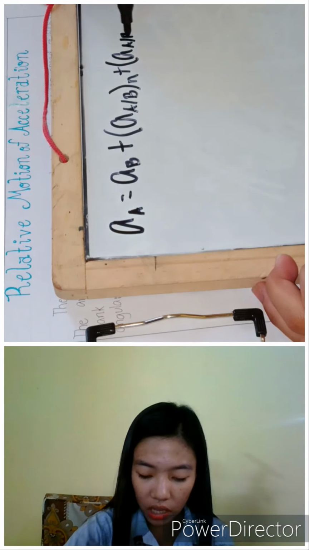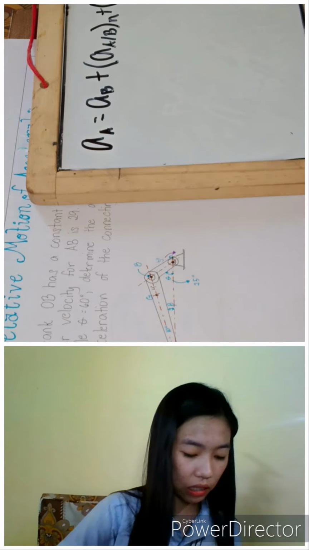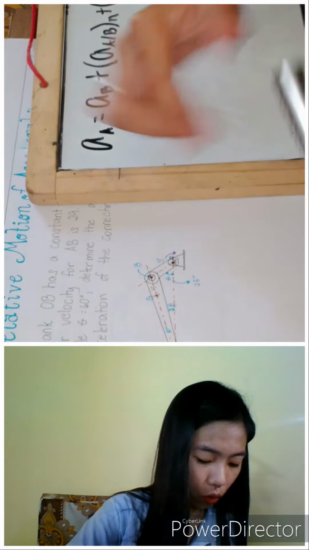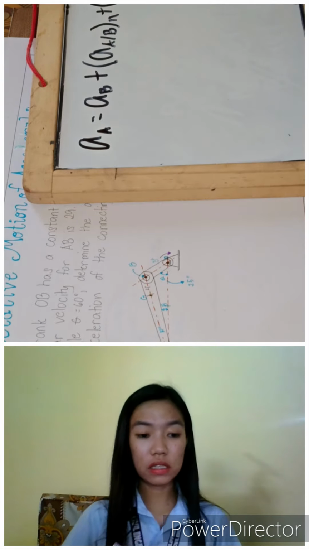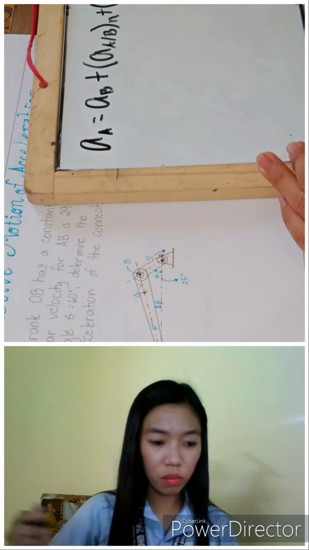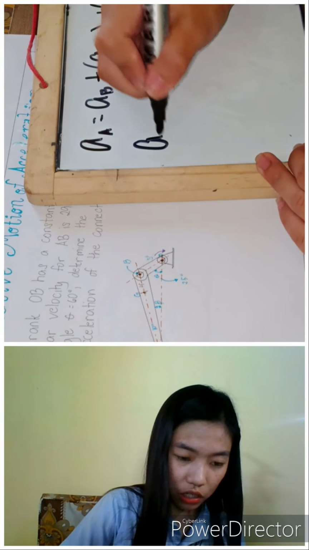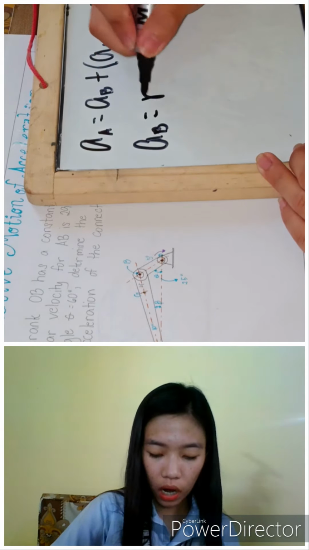So, the point B is moving in a circle with a radius of 5 inches. So, if you look at this figure, it is this arrow. It is moving in a circle of 5 inches at a constant velocity or constant speed. So, solving for acceleration of B using the normal formula, acceleration of B is equal to R times angular velocity squared. So, let's substitute. We have a radius of 5 inches.